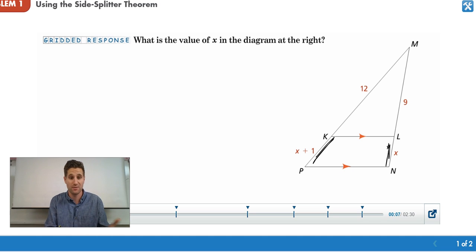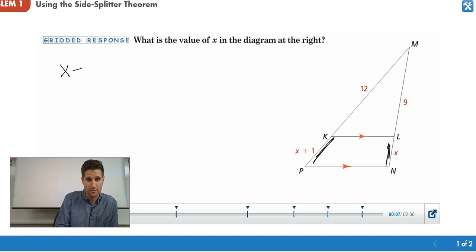So I can actually set this up in multiple different ways. I can do the left side and then the right side, or I can go from left to right, it doesn't matter, you're going to get the same result. I'm going to show you both real quick. So I can say x plus 1 over 12 equals, and see I went from bottom to top.